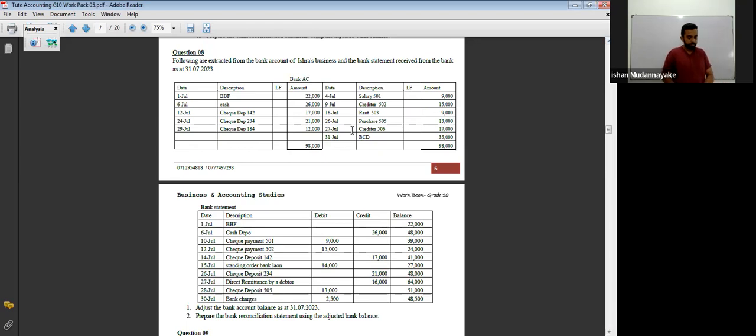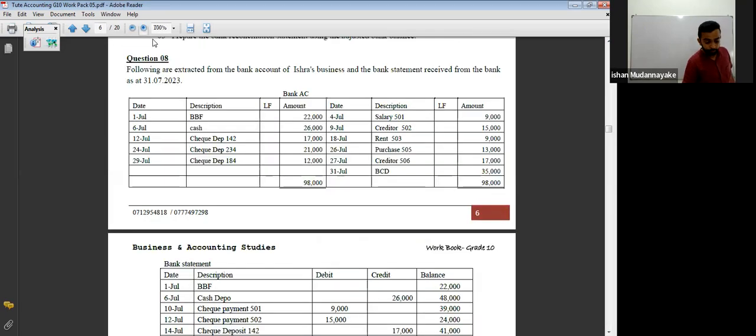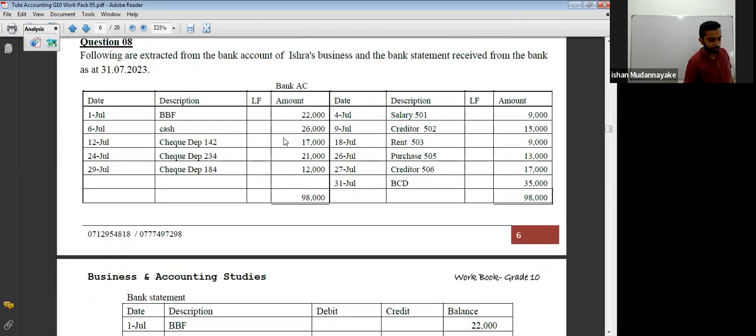Look at question number 8. You need to get the printout of the tube.